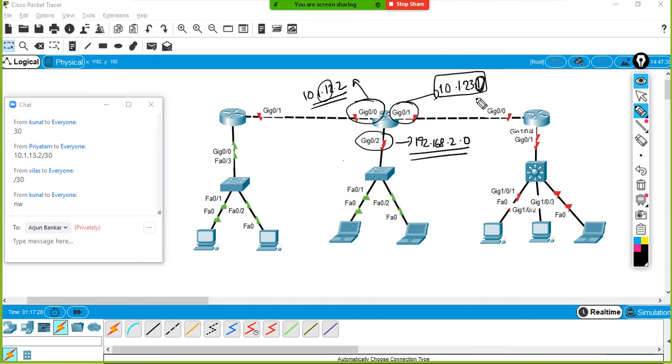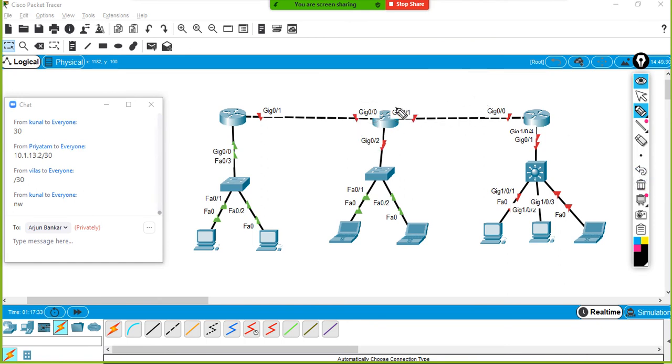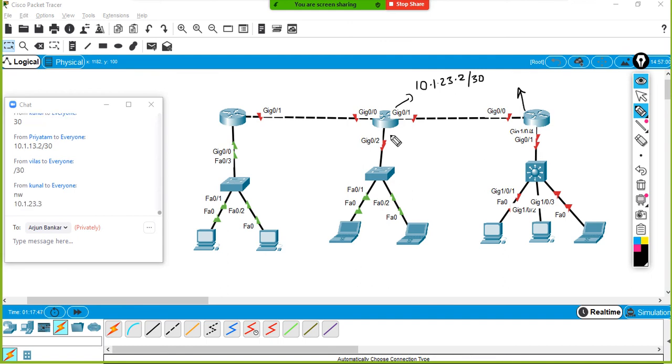If you are planning to configure 10.1.23.2/30, then what's the IP address here? Don't worry, we'll go slow. 10.1.23.3.